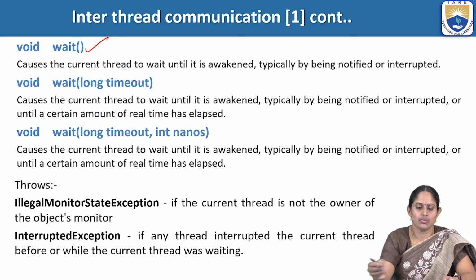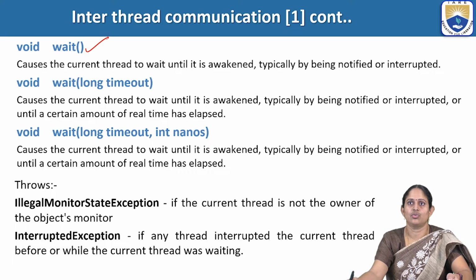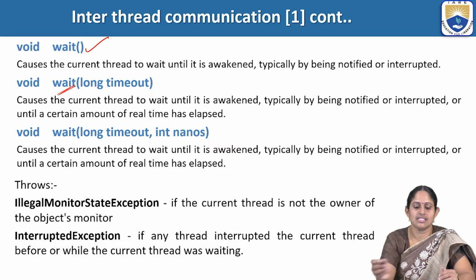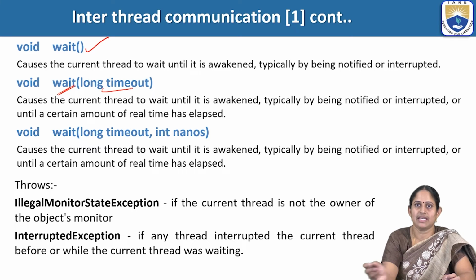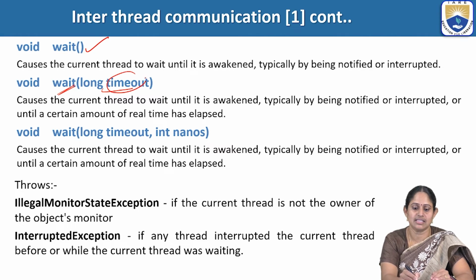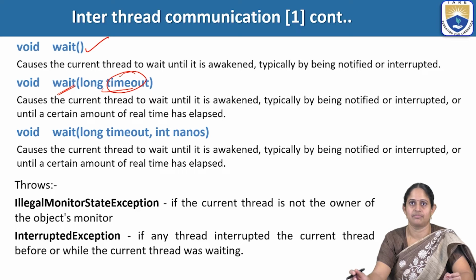One of the methods is wait, which causes the current thread to wait until it is awakened by being notified or being interrupted. Another form of wait takes a time limit, so the current thread waits until it is notified, interrupted, or until this amount of time has elapsed.